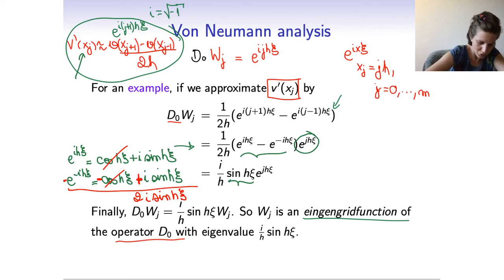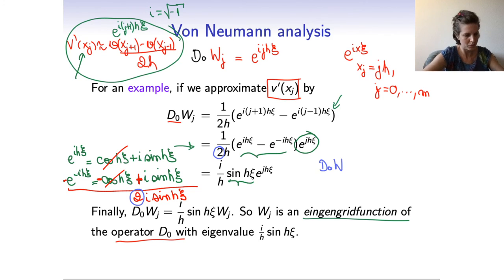And then this 2 here will cancel with this other 2 here, and therefore we get d0. So our Wj is given by this, so E to the ij h psi is equal to this, okay?